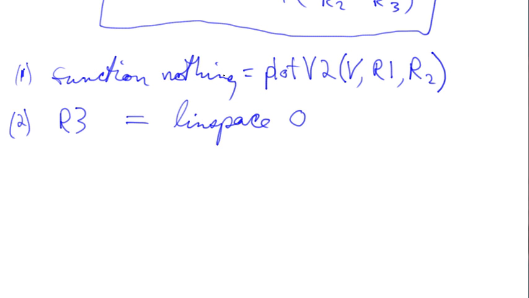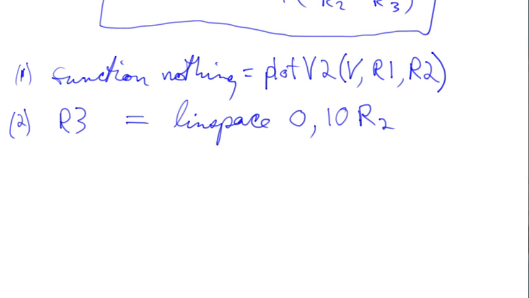Here I'm telling the reader that we get the value of V, the value of R1, and the value of R2 from the user. I'm going to call that R2, not R subscript 2. Those are going to be my variable names. Linspace 0 up to 10 times R2.